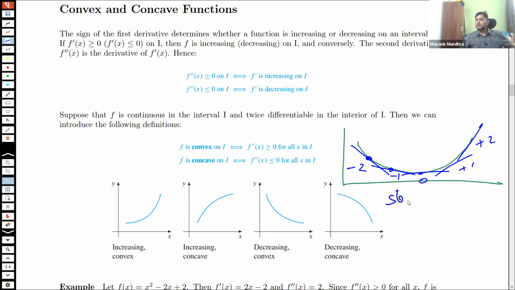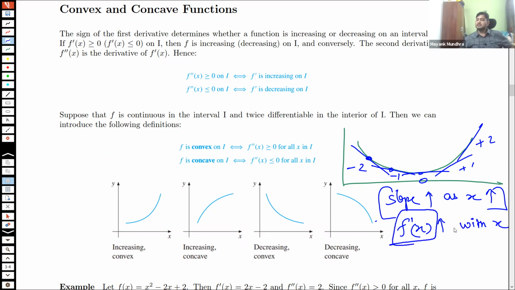So the slope is increasing as x increases. How do I quantify this with respect to derivatives? Slope is f prime of x.